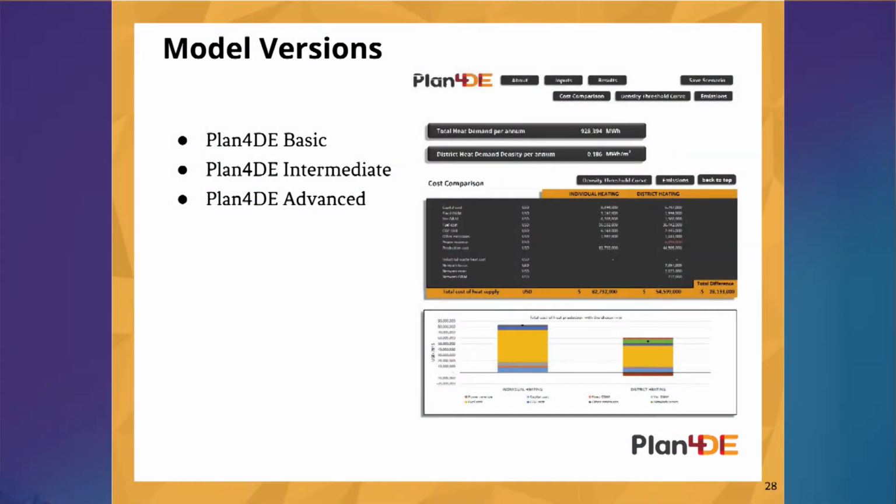So we developed 3 different versions of the model, ranging from basic, where most of the inputs are already set and the calculations are locked and hidden so that you can't mess it up, to the advanced version, where there's no friendly user interface as there is in the basic version, and you can modify all the calculations and inputs as you wish.